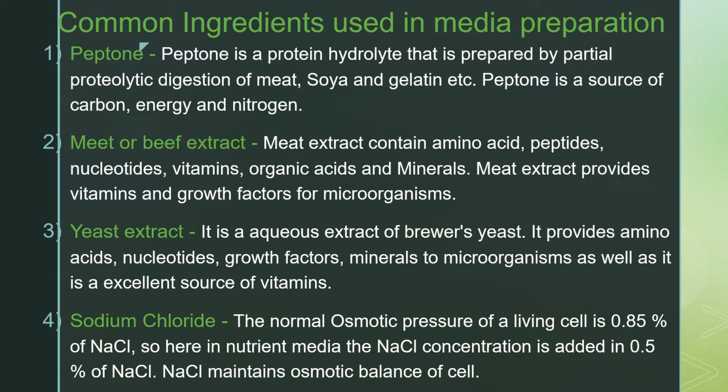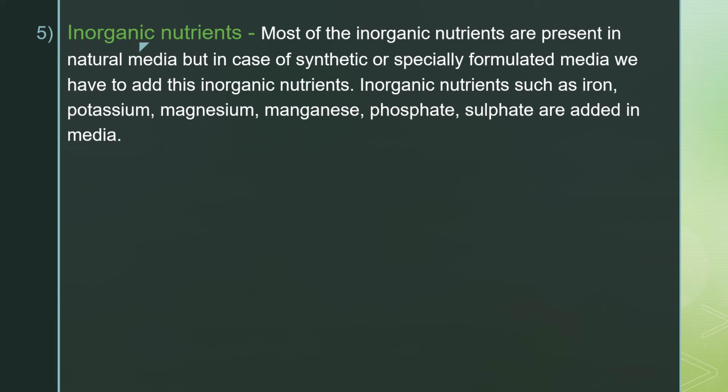So the normal osmotic pressure present in the cell is 0.85%, and the NaCl concentration which we add in the media is 0.5%, and the important role of sodium chloride is to maintain the osmotic balance of the cell.